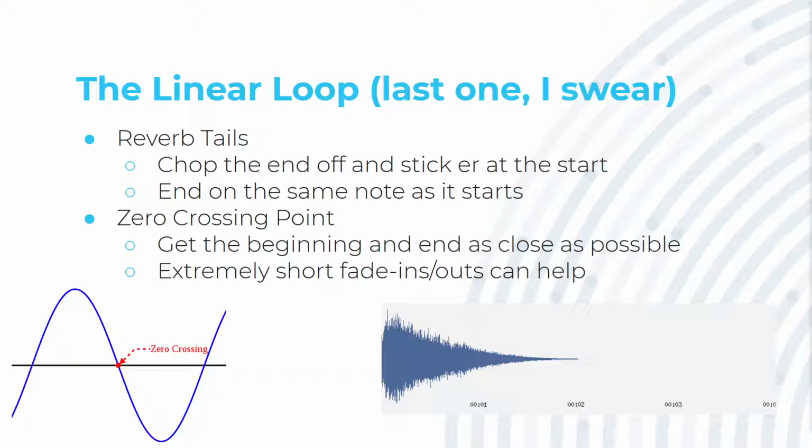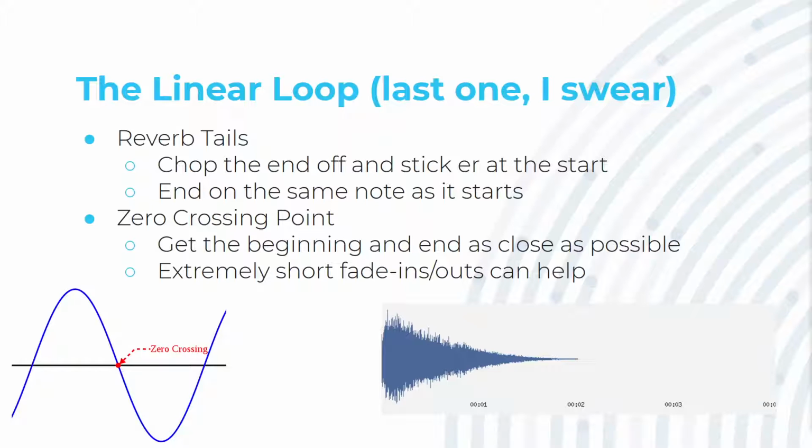And if the end is at one place in the spectrum and then it jumps somewhere else upon restarting the loop, it can pull you out, and it can really cause a lot of clipping, which is very distracting and doesn't sound good. So to alleviate this, we need to get the beginning and the end of the piece as close as possible to the 0 point. And obviously this applies to both mono and stereo, so that's something to keep an eye on if you're mixing a stereo piece.